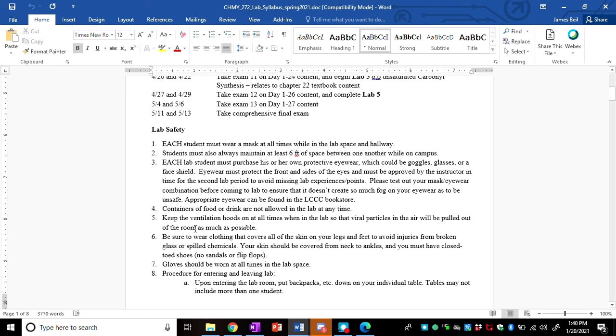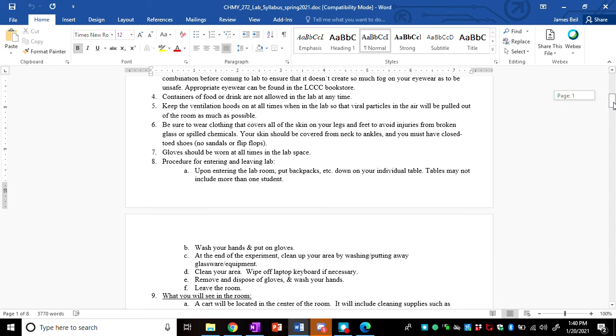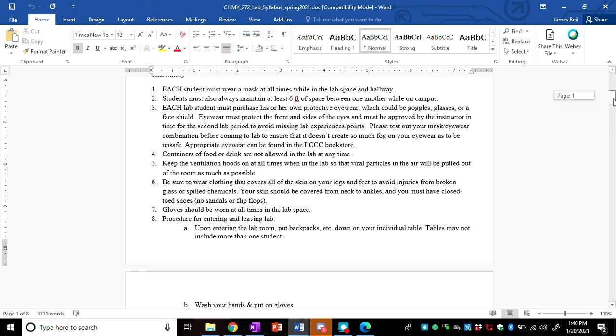These are basically the same rules as on the other syllabus, but I wanted to put them here again to really emphasize how important it is to follow these steps when you come in. Make sure that you try to distance as much as possible throughout the time you're in lab, even if you're in lab with another person in your lab group and you're collaborating, working in the same hood.